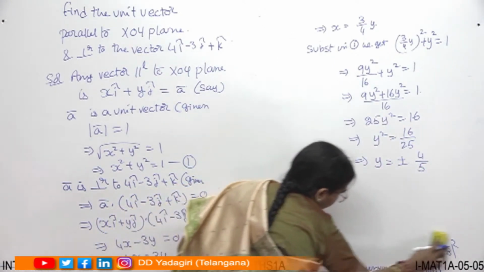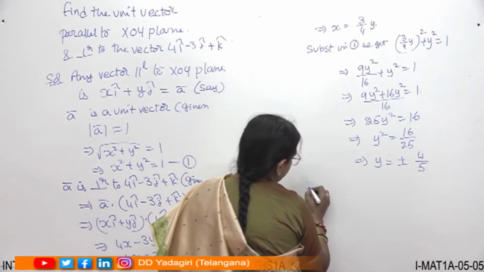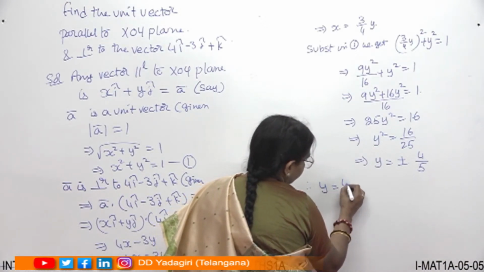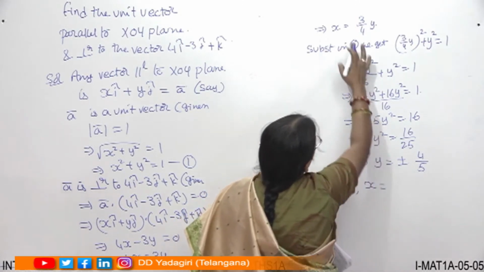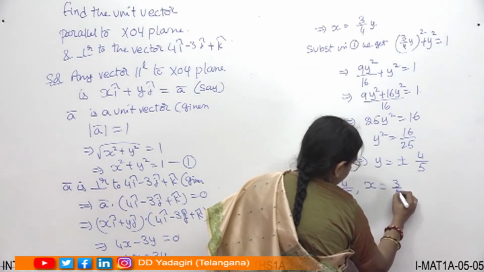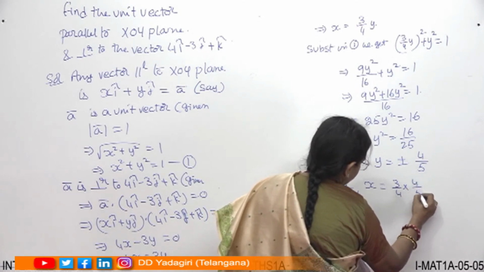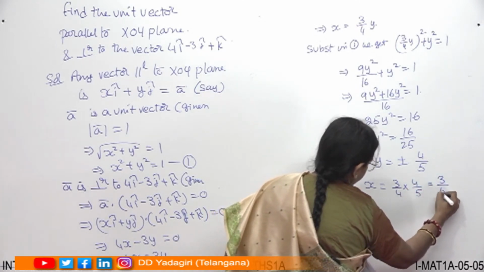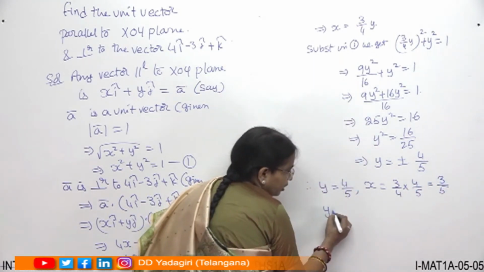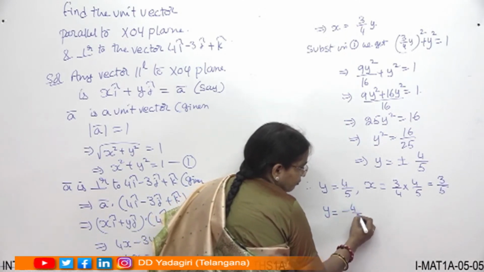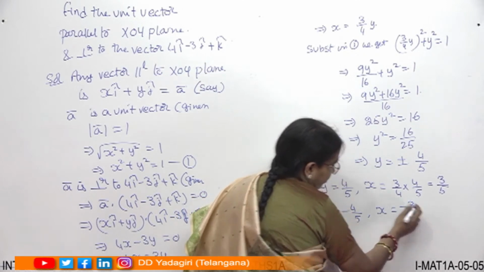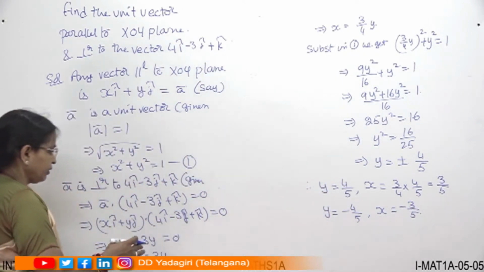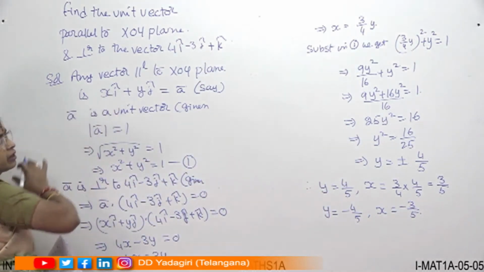Now from this you find out x. When y is equal to 4 by 5, x is equal to 3 by 4 y, so 3 by 4 into 4 by 5, that is 3 by 5. Similarly, when y is equal to minus 4 by 5, you will get x as minus 3 by 5. After finding x and y values, you substitute in the vector.